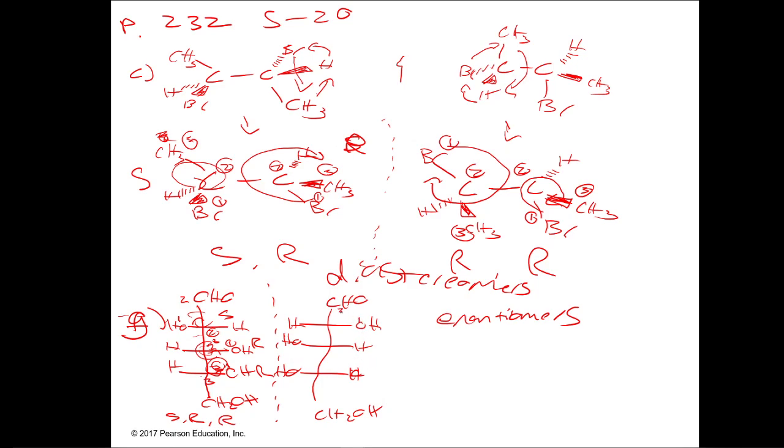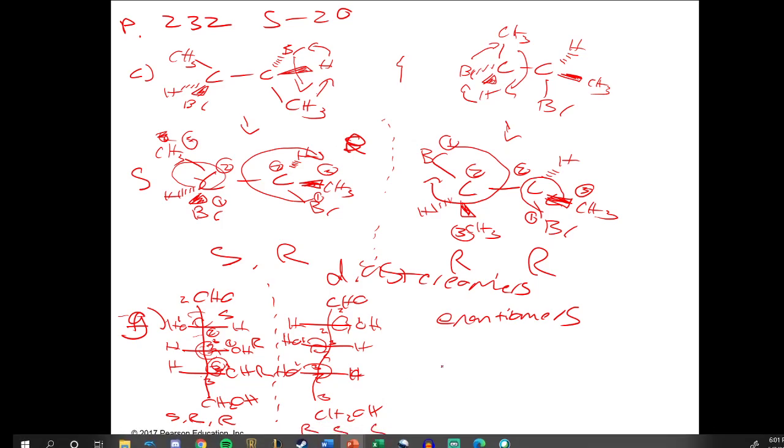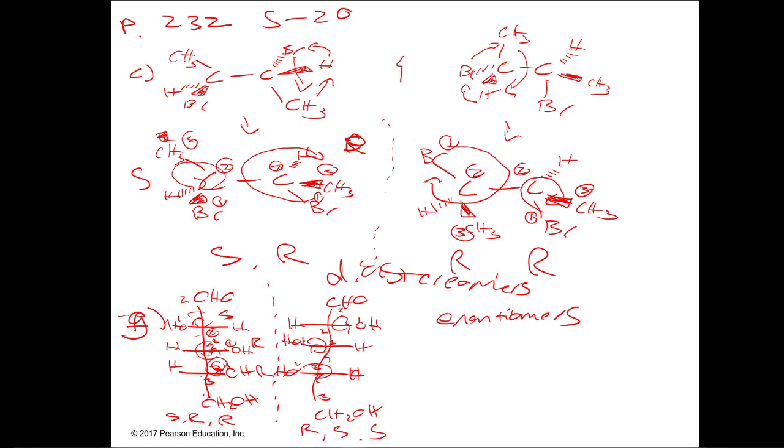Okay, 1, 2, 3. Yeah, so that's now R. 1, 2, 3. That's now S. 1, 2, 3. That's now S. So there you go. So SRR, RSS, so that is indeed an enantiomer. All right.